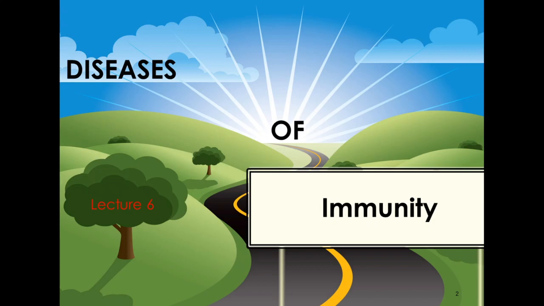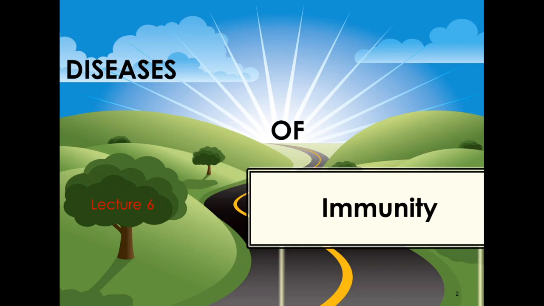So, let's start with the immune system exactly. As you know, the immune system is vital for survival because it protects us from infectious pathogens that abound in the environment. Predictably, immune deficiencies render individuals easy prey to infections.